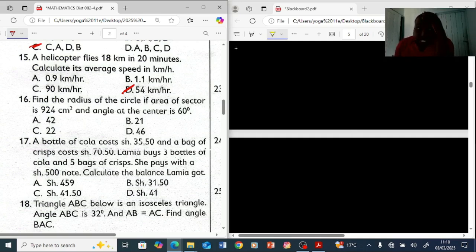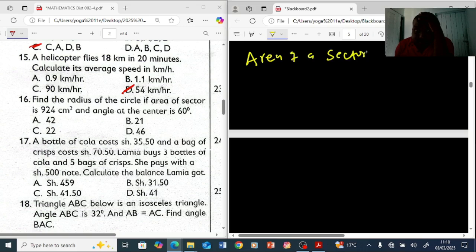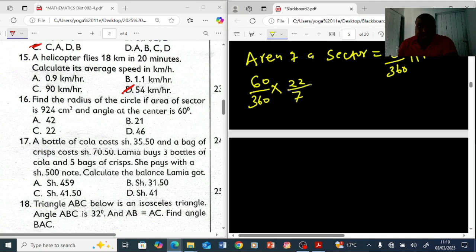You need to know that area of a sector is equal to theta over 360 times pi r squared. Theta is the angle 60, divided by 360 times pi, which is 22 over 7, times the radius squared, which gives the area of 924.